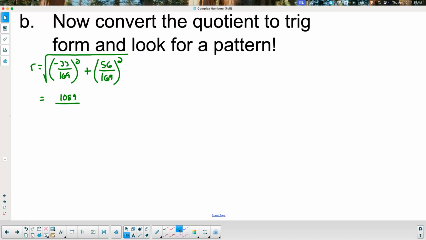Over 28561 plus 3136 over 28561, that's 4225 over 28561.